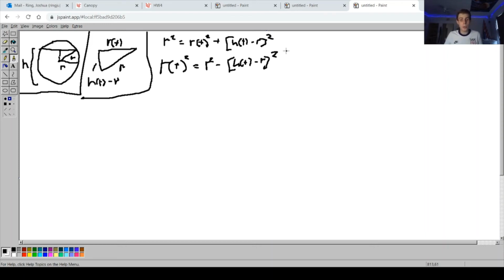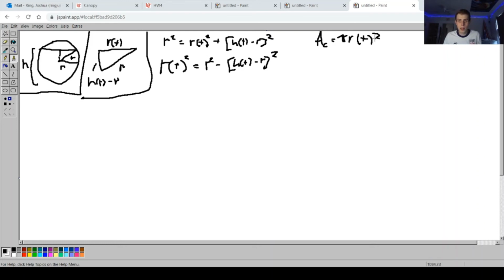Since we know that cross-sectional area, denoted as A_c, for a circle is equal to pi r squared, we can do, I'm sorry, in this case it's not pi r squared. In our case, it's pi r_t squared.